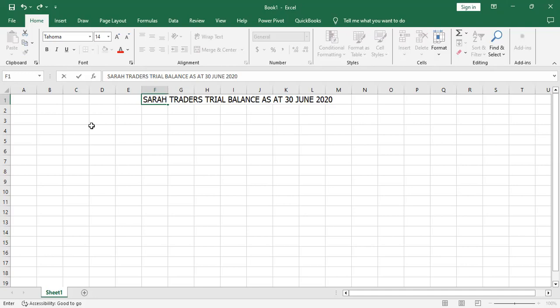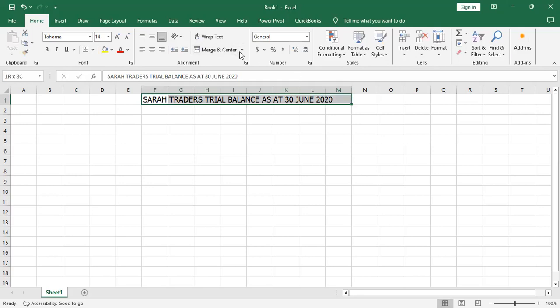Don't forget that the trial balance always has the date of the last day of the accounting period to which it relates. So it's a snapshot of the balances on the ledger accounts at that date.